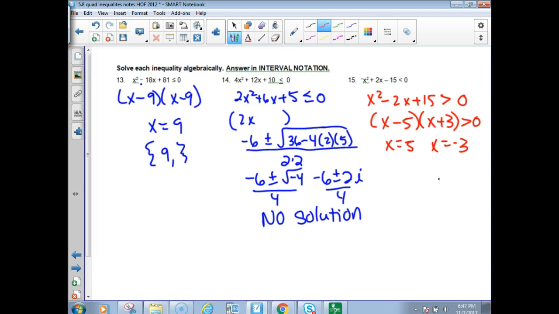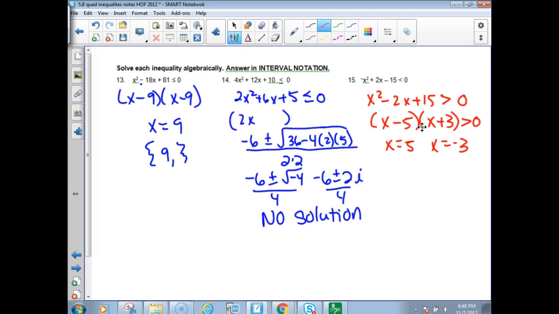Okay, and then I check for anything I plug in here. No matter what I do, I'm going to get a number bigger than 0. Think 5 and negative 3. So this one's actually going to be any solution works.